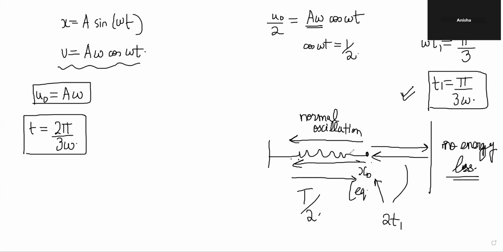You understand that this part is blocked by the wall, so you have to calculate the time to hit and time to return. That is the small t1, but this part is capital T by 2, right?